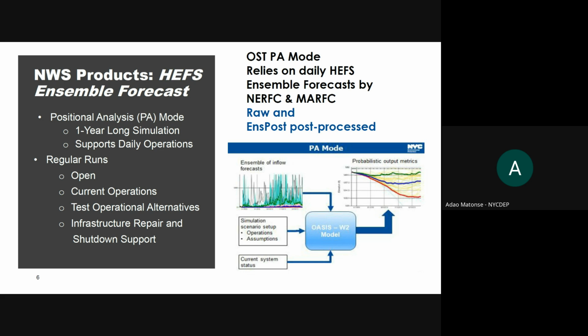The bottom right slide shows how we use the ensemble forecast to drive OASIS and the W2 models. From that, we produce a probabilistic output that we share and discuss with managers and operators. Next slide.